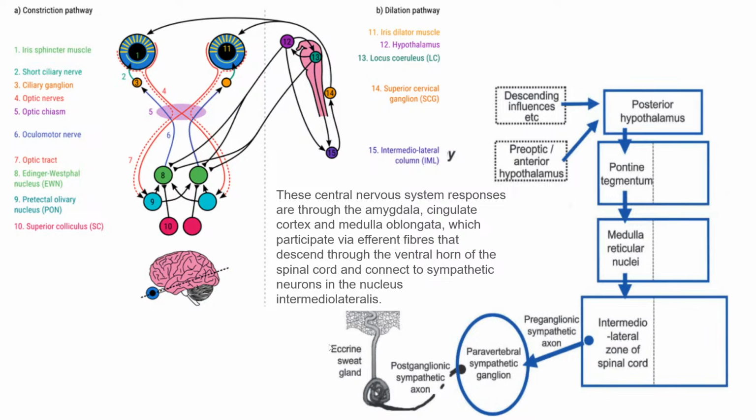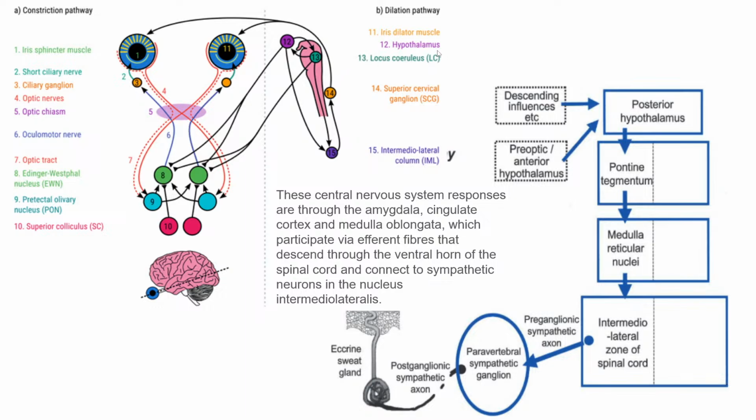So this part is actually the same for both, and here we can also see the pathway for the dilatation of the pupil. So it's the intermediate lateral column, yeah, and the superior cervical ganglion, which is part of the paravertebral sympathetic ganglia.